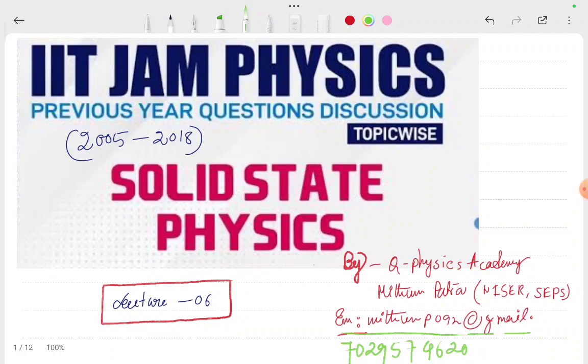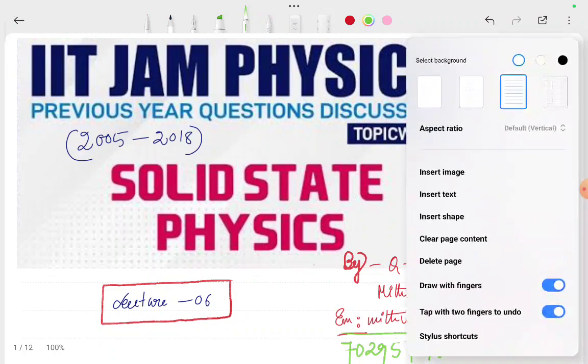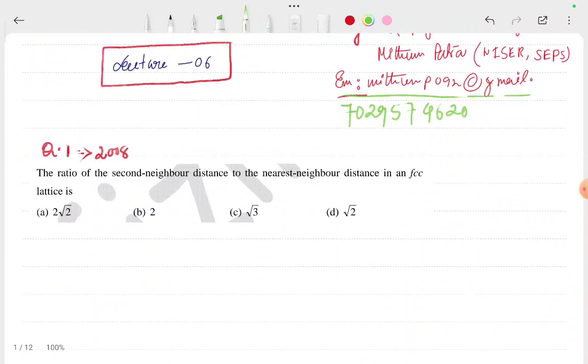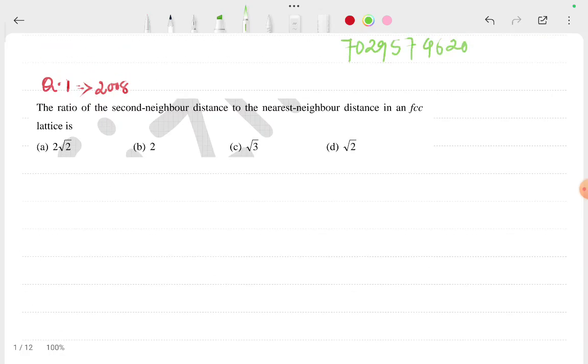Okay, let's start our class today. This is a solid state physics class, lecture number 6. This is the first question.